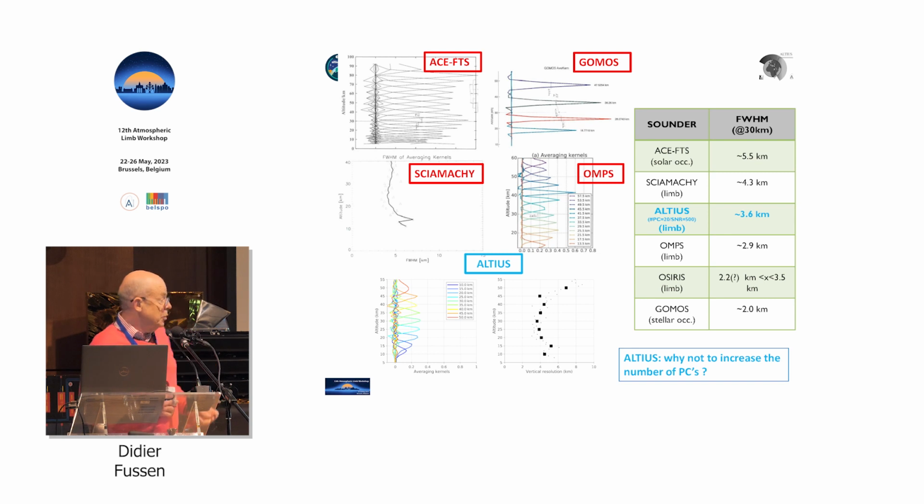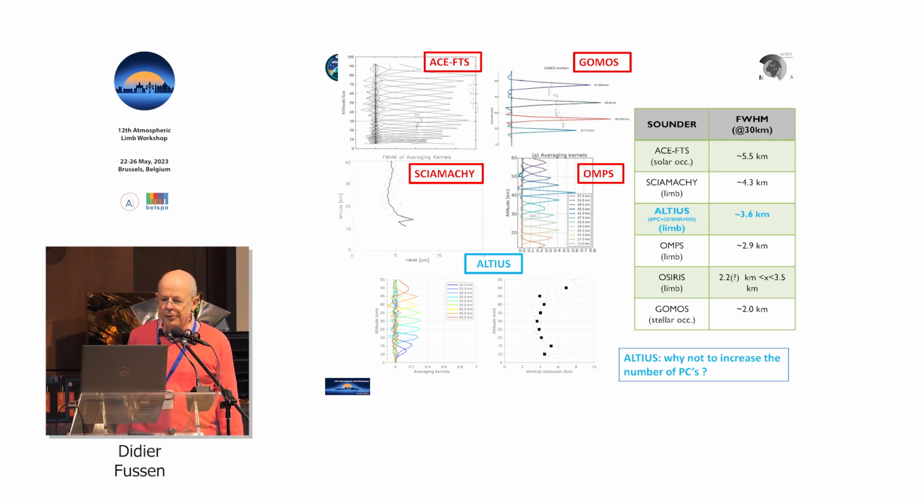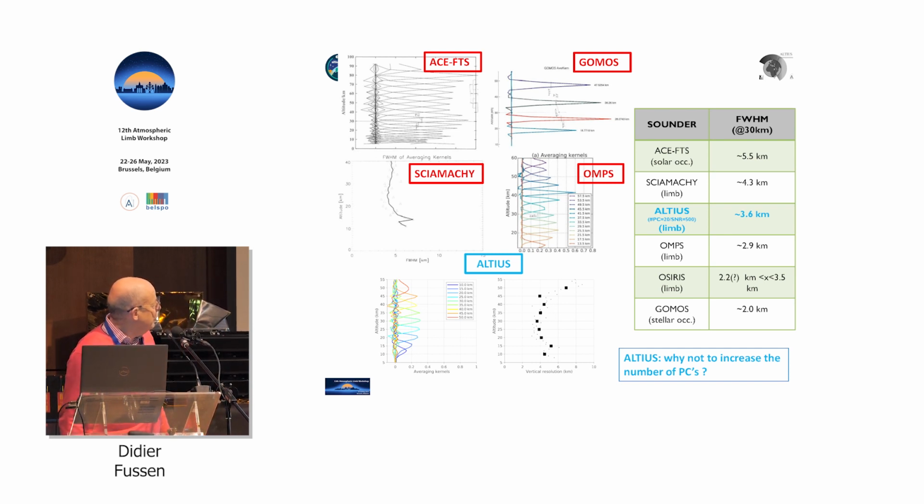This is an old slide where I was comparing some occultation experiments, ACE, GOMOS, with the limb measurements. And you see that today, using 20 principal components for a signal-to-noise ratio of 500 would lead us to a vertical resolution of about 3.5 kilometers in the mid-range of other instruments.